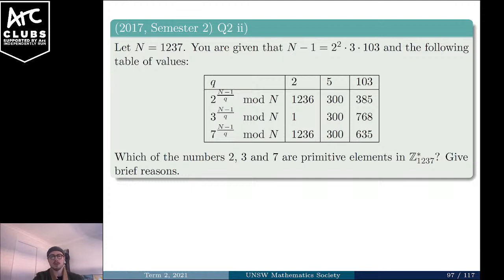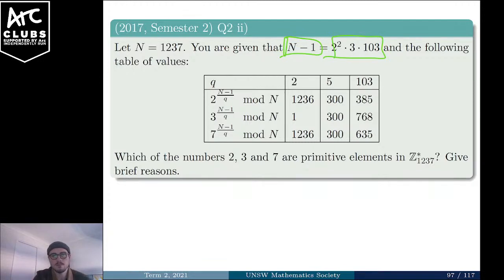Okay, so like I was saying, you want the order of the elements, so the power that's going to give you that the number is congruent to 1, you want it to be the size of the group of units, or we can say we want it to be equal to the Euler function of n, right? So I guess we're assuming this is prime because then we find n minus 1 and we get this, and this is the factorization of it.